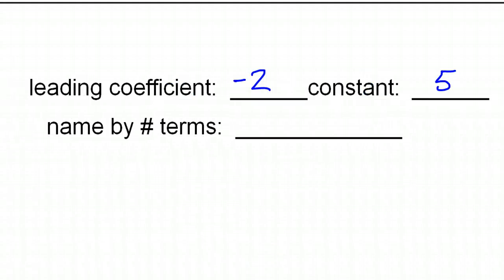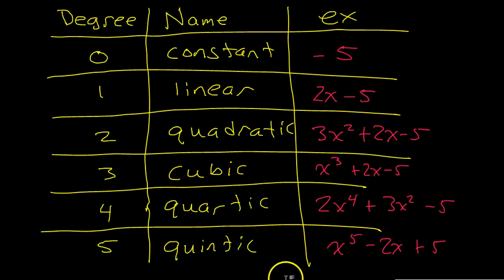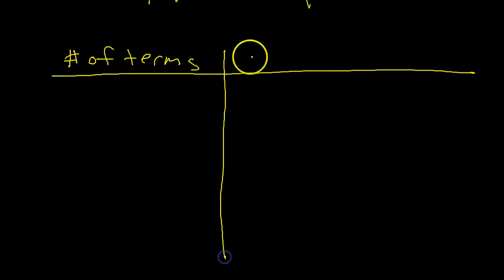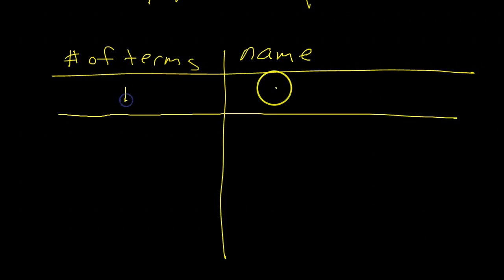And now, naming by the number of terms. Well, this list is much simpler. It's a shorter list. Number of terms, and then we're talking about the name. If there's one term, that's going to be a monomial.